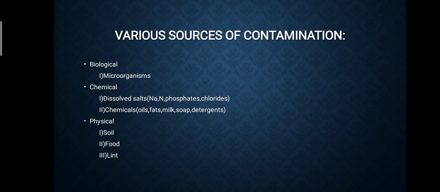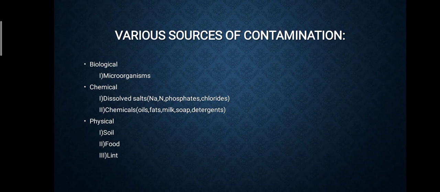The next is various sources of contamination. What are the various sources of contamination? The water that is contaminated by impurities is generally called grey water. The sources that contaminate and destroy the water's nature can be of biological, chemical, and physical forms.